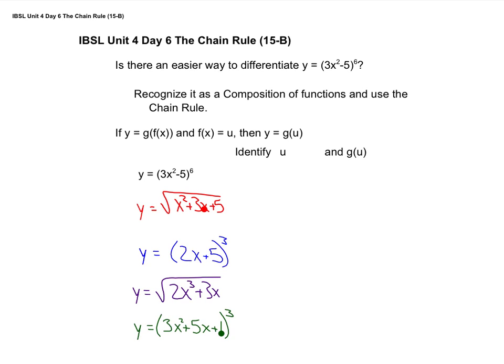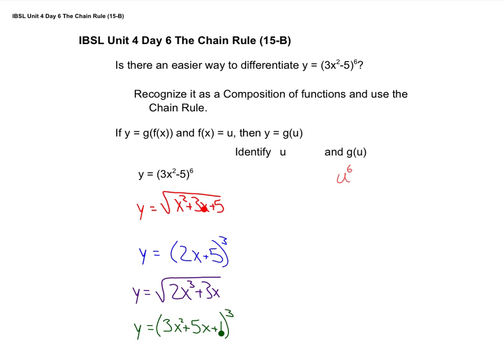So for example here, we're going to use the notation u to represent that inner function, and g of u to represent the outer function. In this case, the last thing you would do to simplify y equals (3x squared minus 5) to the sixth is raise it to the sixth power. So we could think of it as something to the sixth power.